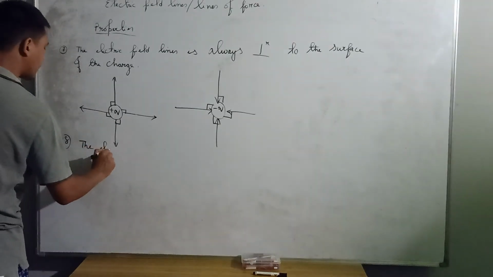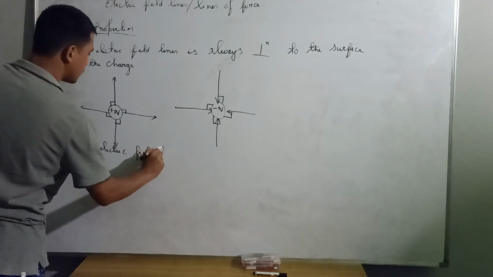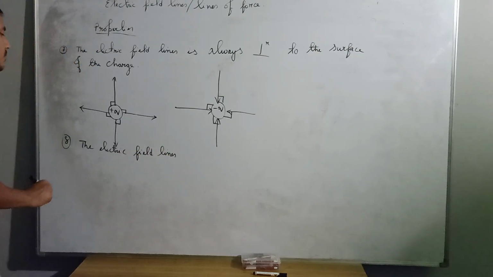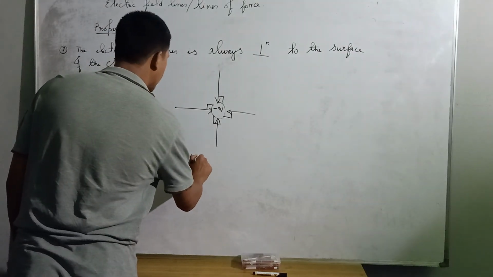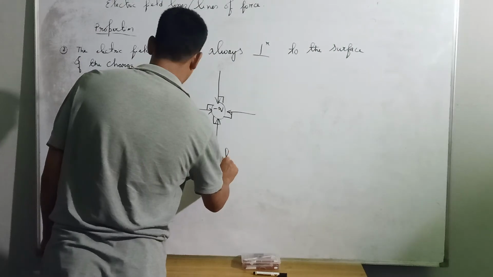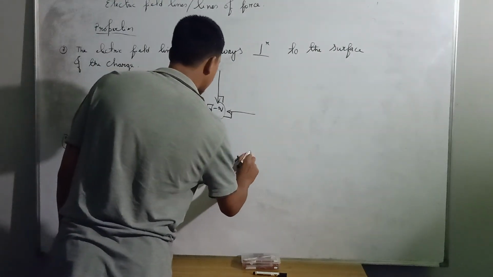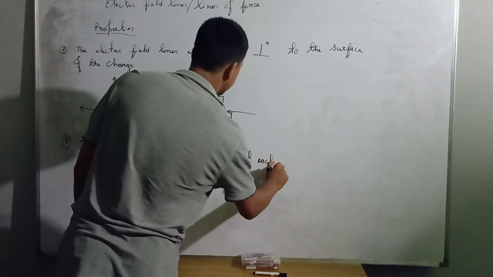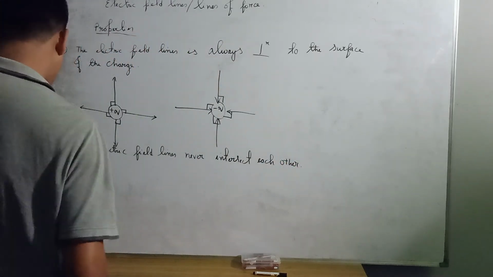So the electric field lines never intersect each other. So that is your eighth property.